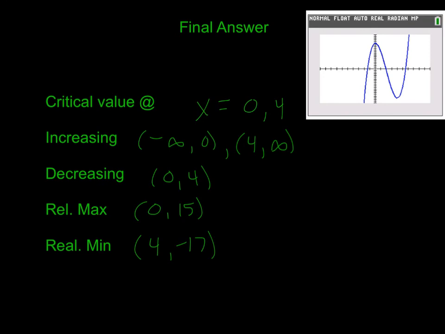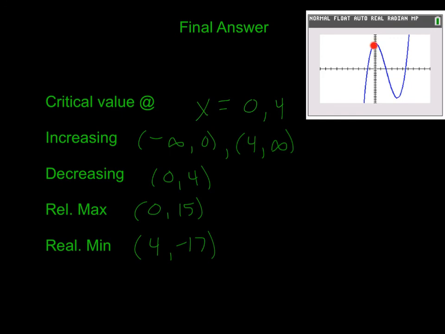All right, so we have a critical value, as we know, at x equals 0 and 4. The function is increasing from negative infinity all the way to 0. It's also increasing from 4 to infinity. It is decreasing from 0 to 4.